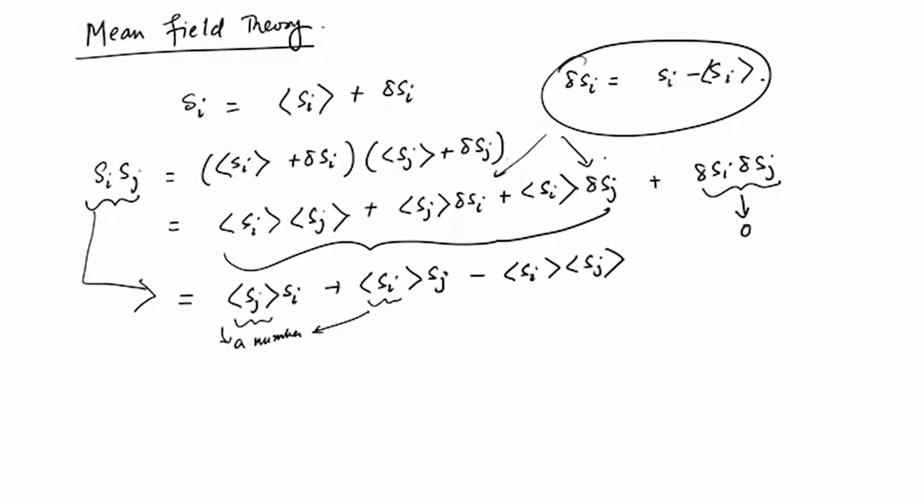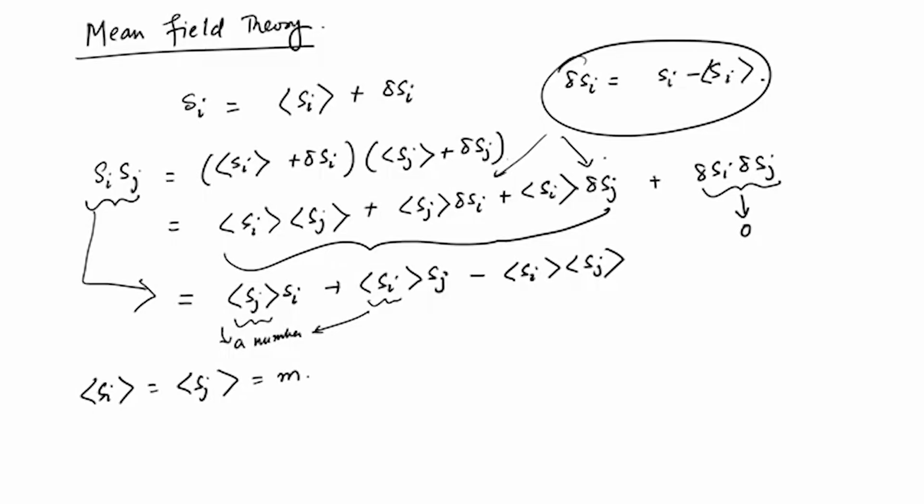Okay. So, within this approximation, we reduce the Hamiltonian, and we further assume that Si average equals Sj average equals m. We have seen this earlier, that when you have translational invariance, you can write them as equal, that is Si average and Sj average are equal, and that is equal to m. Just to remind you, we are talking about thermal averages.